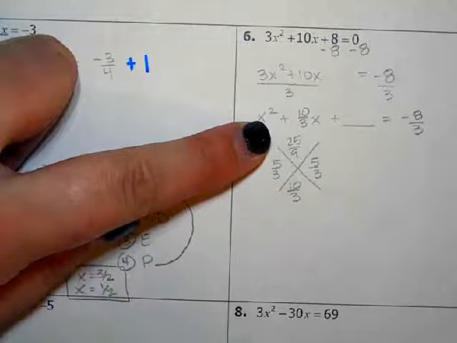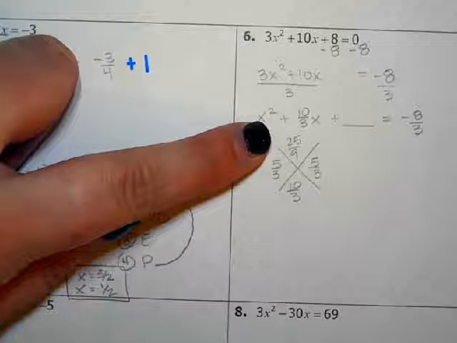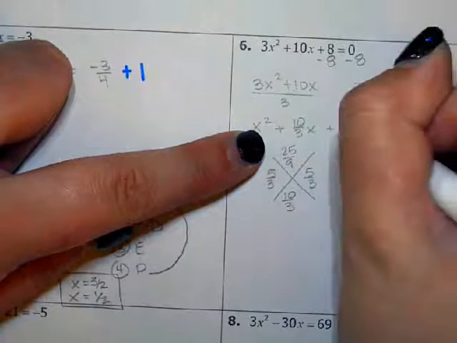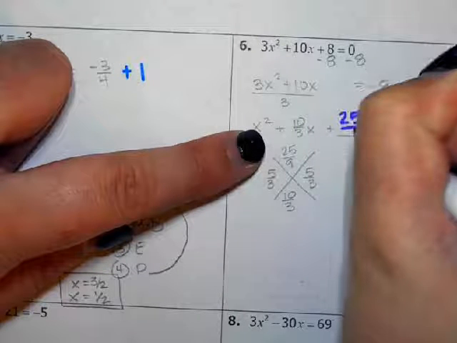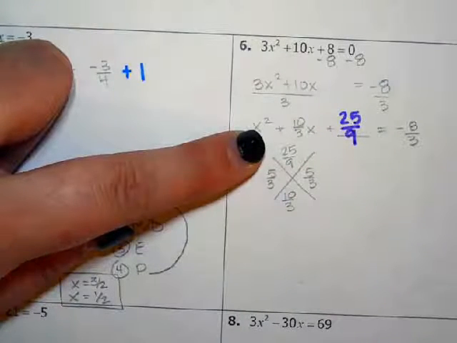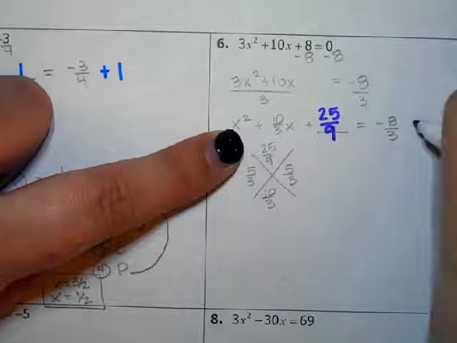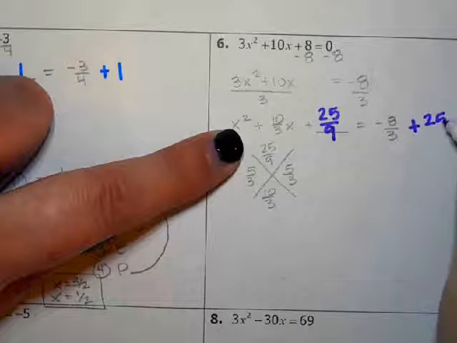So 25/9 is the perfect square that goes right here. And to keep it balanced on each side, what do we have to do? Plus 25/9.